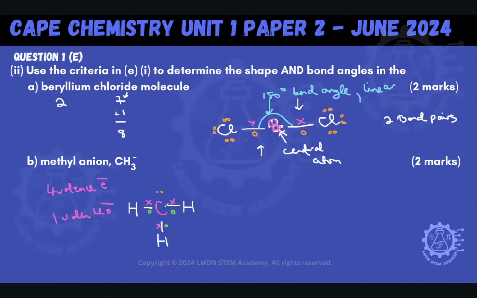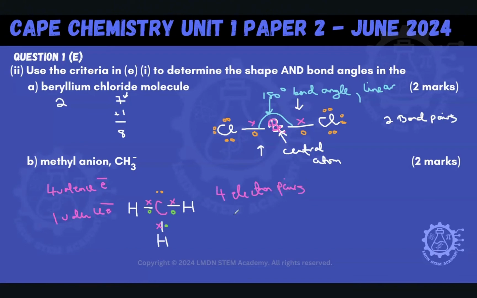And so when we count, we're going to have to go around and count how many electron pairs there are total, and then take into account the lone pair. So we're going to count the lone pair as an electron pair. So it's 1, 2, 3, 4. So there are 4 electron pairs total.